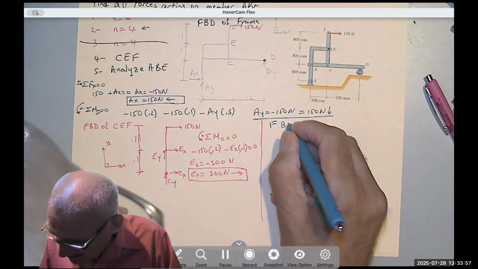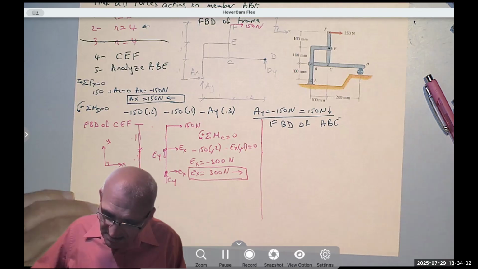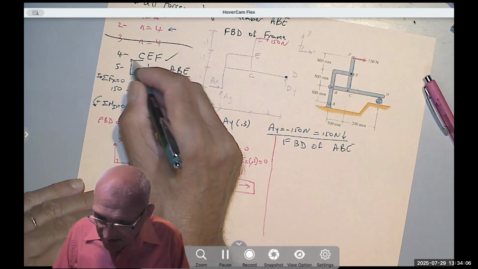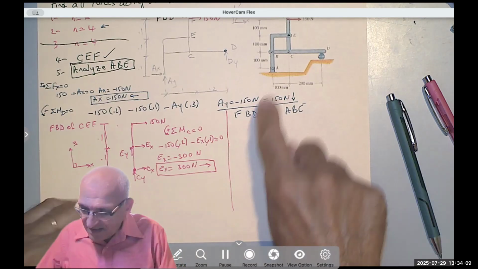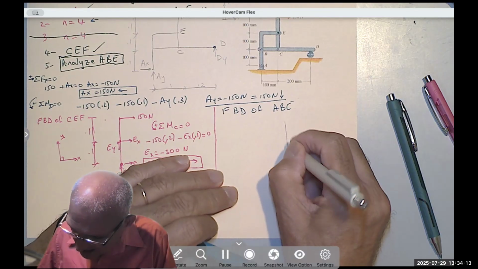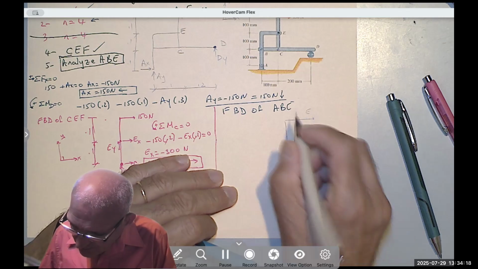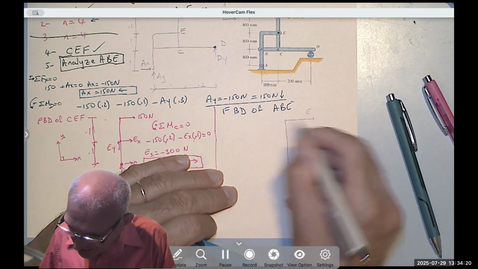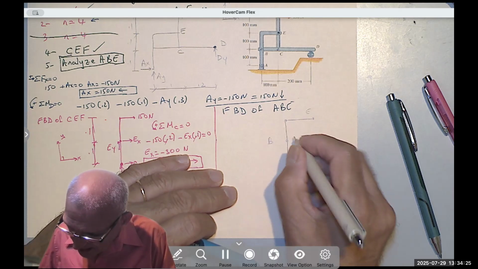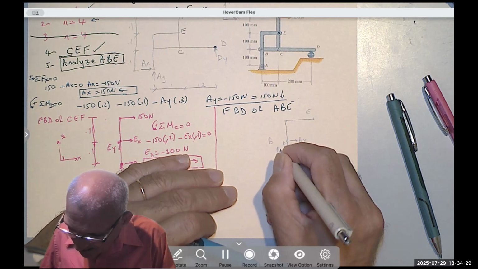Free body diagram of my member ABE. Finally, because I'm done with that, and now I have three unknowns, and three equations, I can analyze ABE. Here is ABE. I have BX and BY.